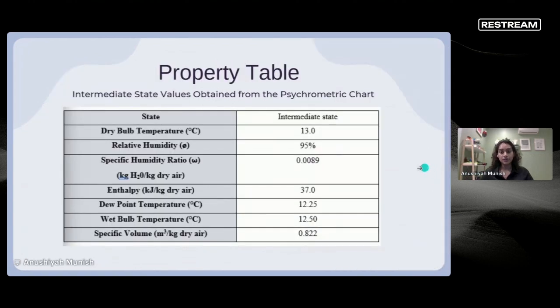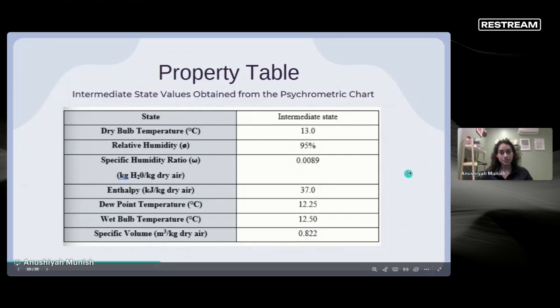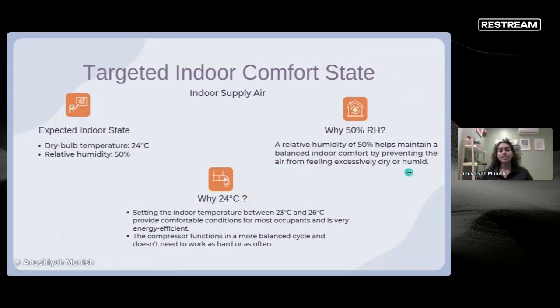And using the value of the dry bulb temperature and relative humidity again, we can find all the other values through the psychrometric chart.